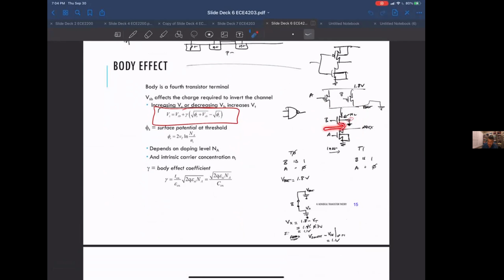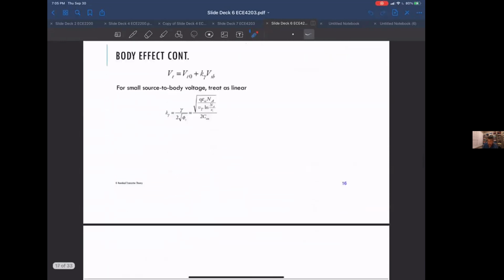When the source can be at a higher voltage than your substrate, the threshold of this device gets higher than what you would expect when the source and the body are connected to the same thing. And that tends to reduce the on current for this device. That's the body effect. I see it all the time. I have dealt with it all the time.